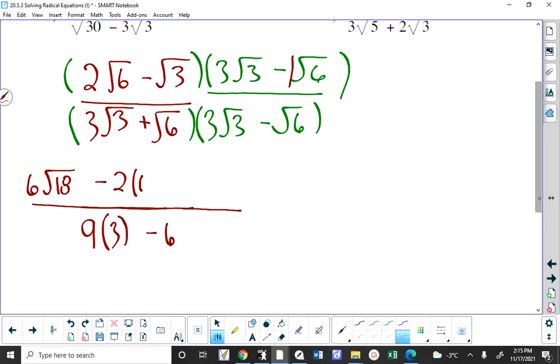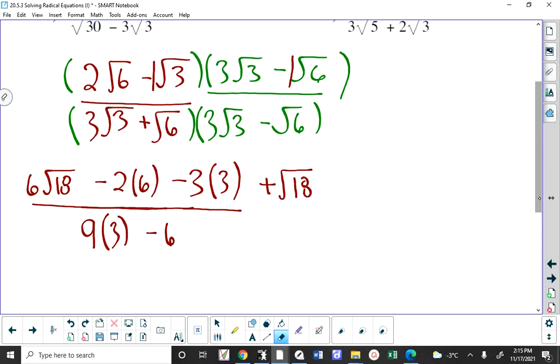Root 6 times root 6 is 6. My inner is negative 1 times 3, which is negative 3. And then I have a root 3 times root 3, which is merely 3. My last is negative 1 times negative 1, which is positive 1. Root 3 times root 6, which is root 18.